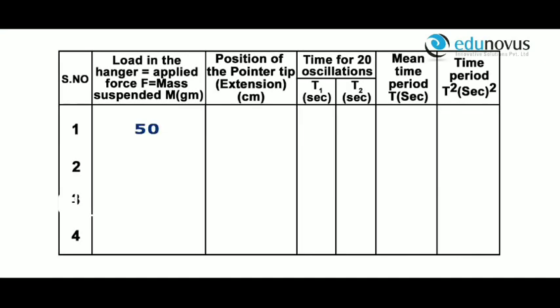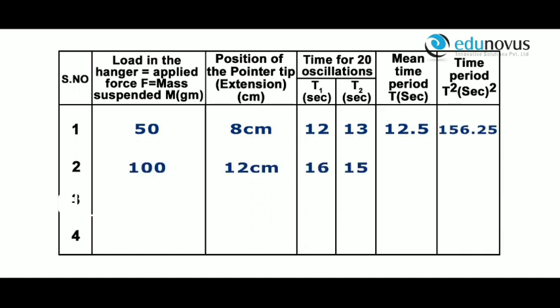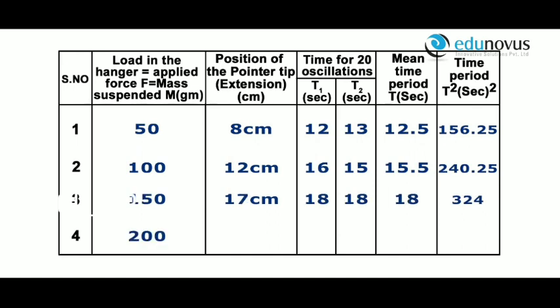For a load of 50 grams, the position of the pointer is 8 centimeters and the time taken for 20 oscillations T1 is 12 seconds and T2 is 13 seconds. Therefore, the mean time period T is 12.5 seconds and the corresponding time period square is 156.25. Similarly, the values for the load of 100, 150 and 200 grams are.